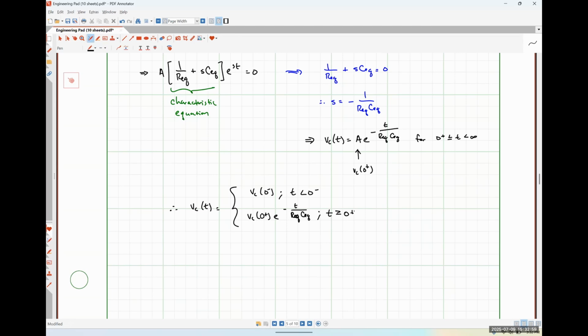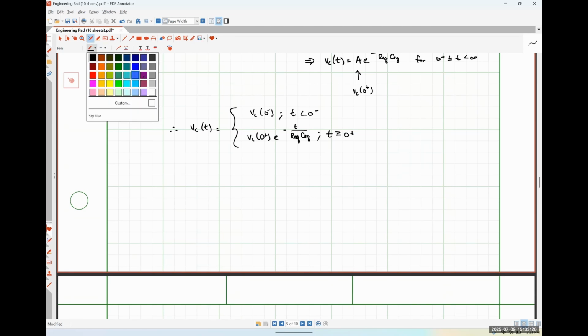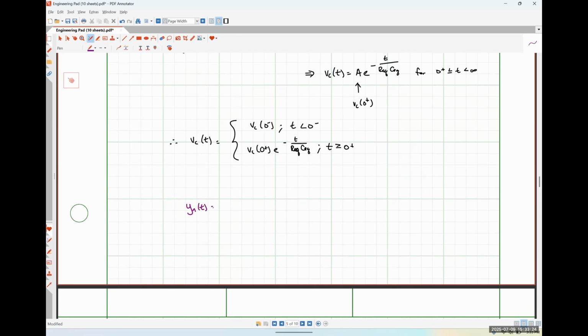And then if we wanted to go through the motions, we would find from Ohm's law that our resistor current will have this exact same form, and our capacitor current is just the negative of our resistor current, so it will be of this same form, so that we could say generically y as a function of time will be y of t for t less than 0 minus, and y at 0 plus e to the negative t divided by REQ times CEQ for t greater than or equal to 0 plus.